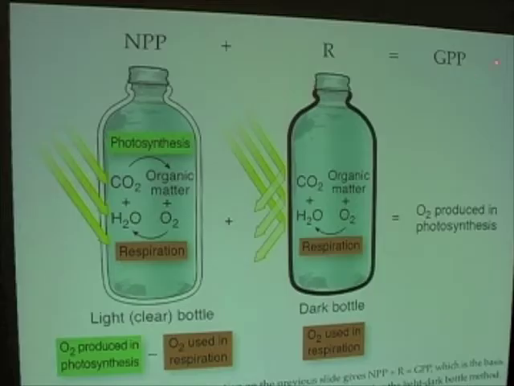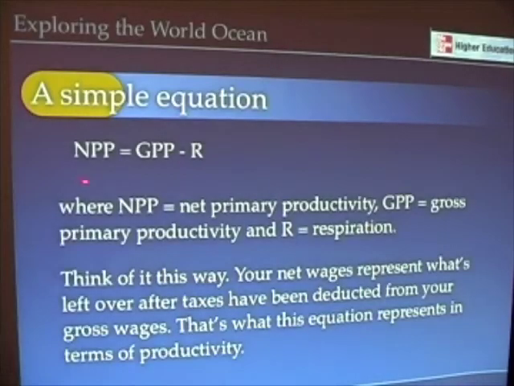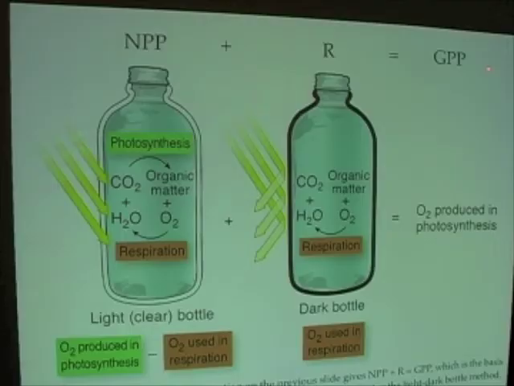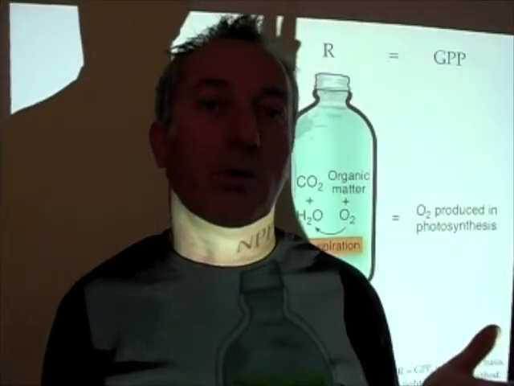By rearranging this equation, by adding R to both sides, GPP minus R plus R is GPP equals NPP plus R, which is what we have here. So if we know how much oxygen is left over in this bottle, and we add that to how much is consumed in this bottle, we get how much oxygen is produced in the process of photosynthesis. And this is the basis of the light-dark bottle method.